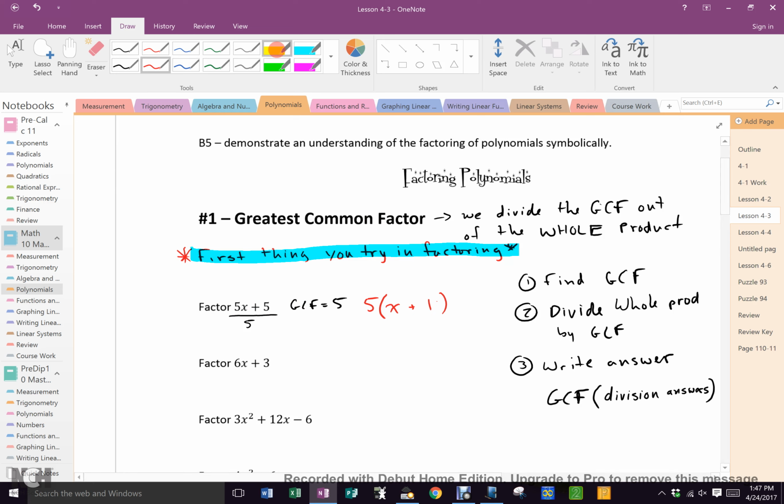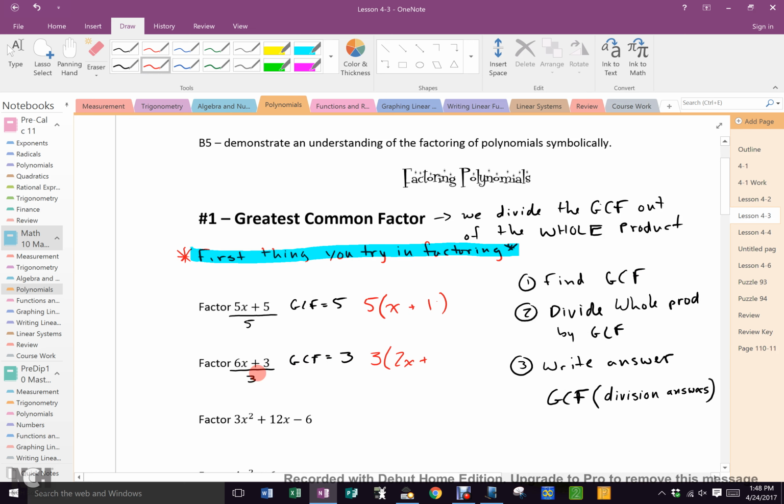So let's look at number 2 here. Find the GCF. So what is the GCF of 6x and 3? It's 3. Rewrite it. Divide everything by 3 and write our answers out. What was our GCF? 3. What's the answer to the first division? 2x.